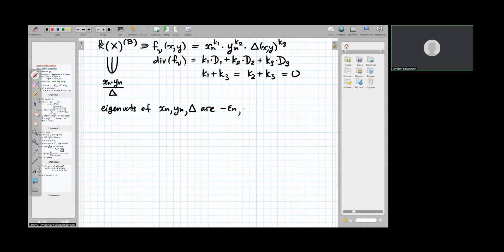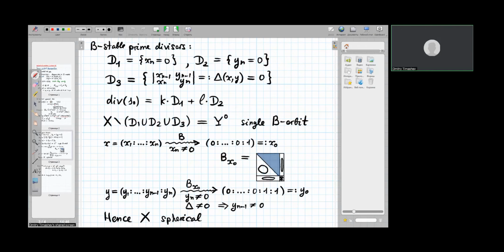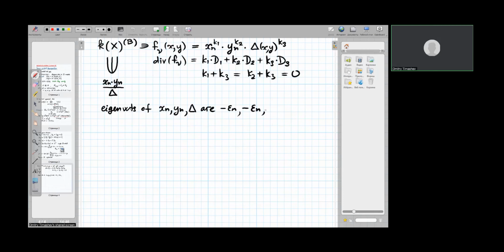The eigenweight of yn is also minus epsilon n. And the eigenweight of delta is this determinant. So when you act by, say, a diagonal matrix, by the inverse of it, because you act on the argument by an inverse transformation, then this determinant will be multiplied by the inverses of the last two diagonal entries. So the eigenweight of this delta is minus epsilon n minus 1 minus epsilon n.